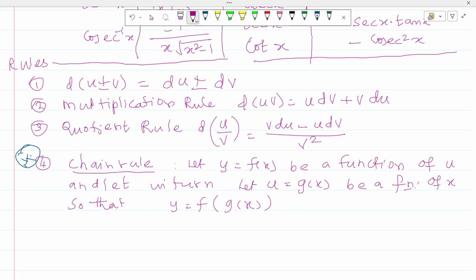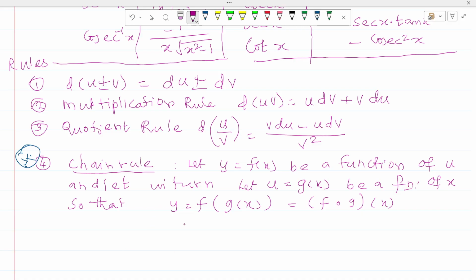So it can be written as a composite function, otherwise also known as f circle g of x. No need to confuse. f composite g of x means f is the function, g of x is one more function, but f is the function of g, and g is the function of x.